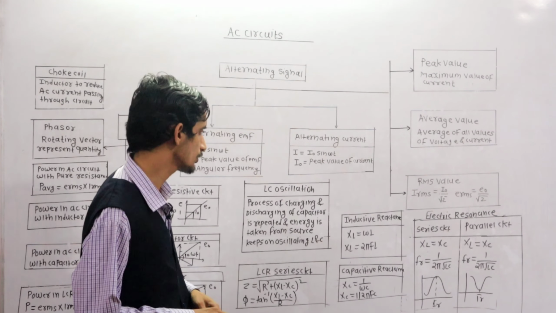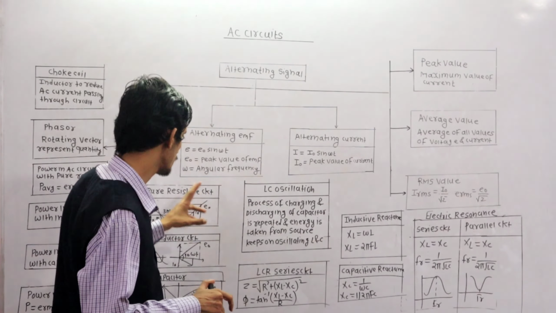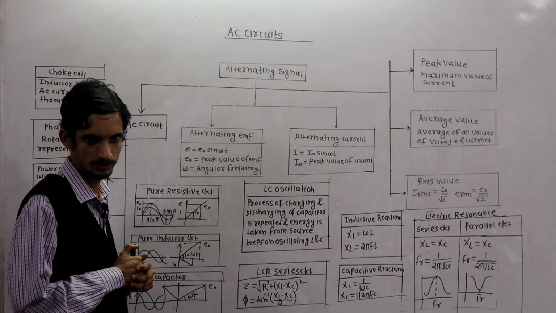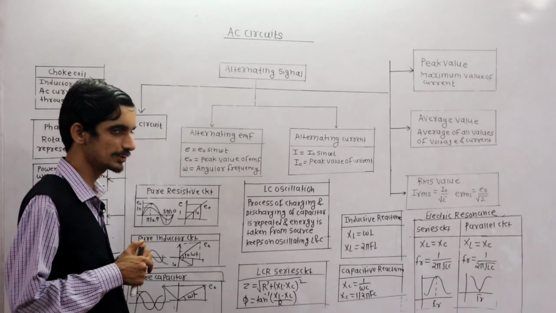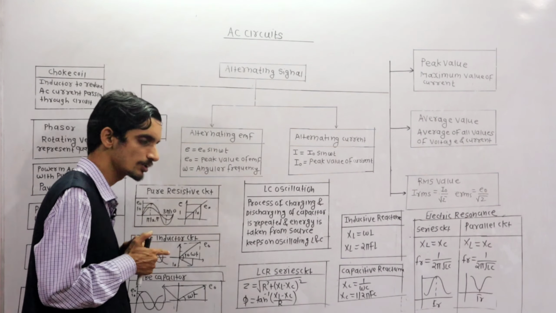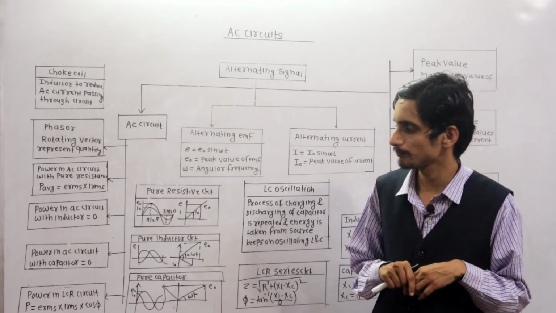Now if we observe carefully, these alternating circuits can be divided into three subparts: pure resistive, pure inductor, pure capacitor. So this is a pure resistive circuit. In a pure resistive circuit, the applied EMF and resulting current are in phase.